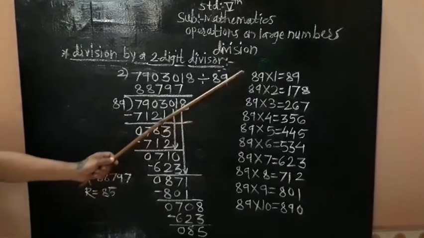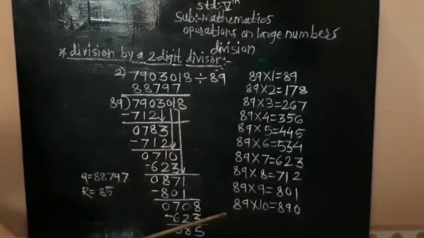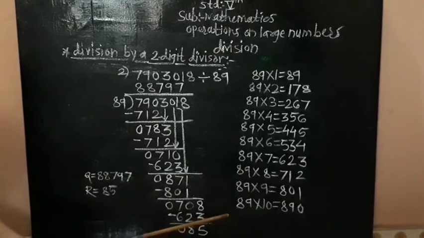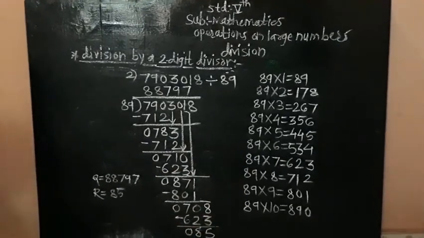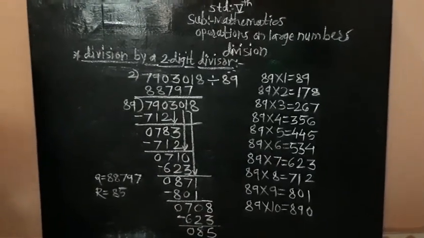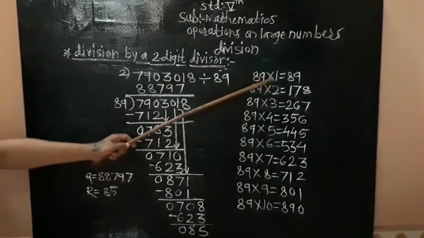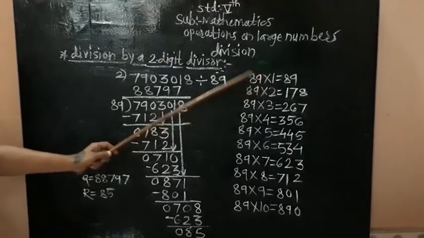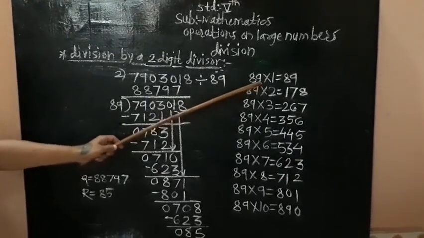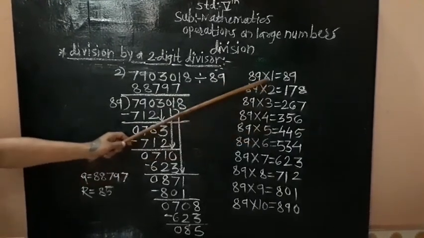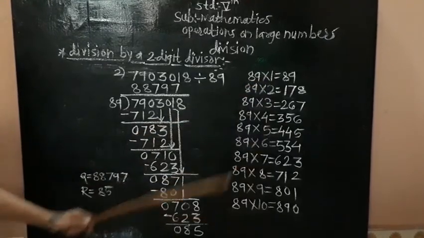What is the first step? First you make a table. If you don't know the table, you know multiplication. Then multiply the given number by digits, and you will get the table of the given number. So I multiplied 89 by these digits and got the 89 table up to the 10th place.